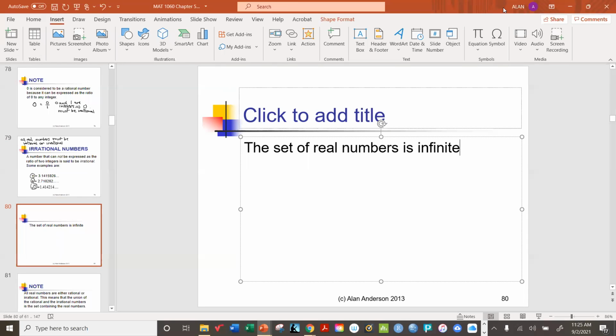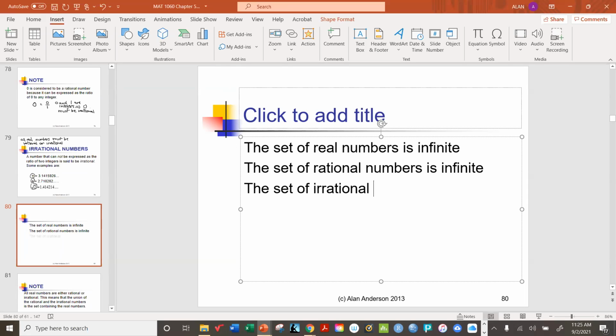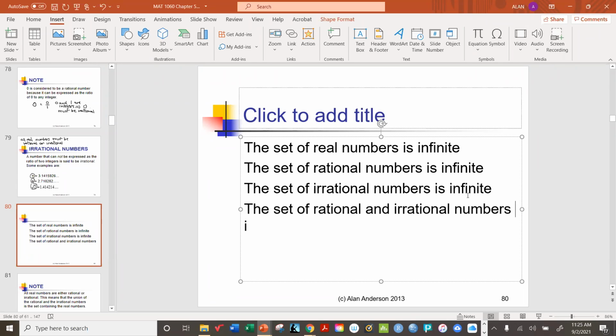The set of rational numbers is infinite. The set of irrational numbers is infinite. The set of rational and irrational numbers together is the set of real numbers.